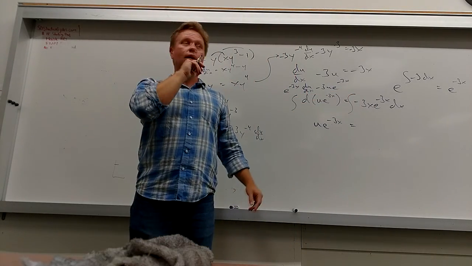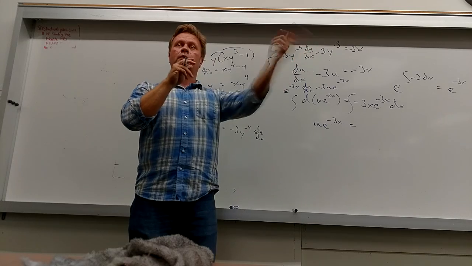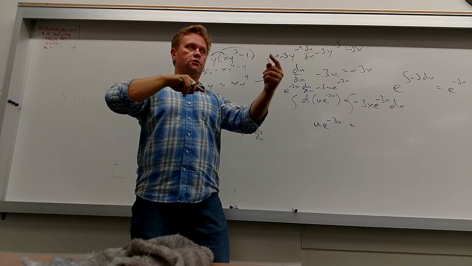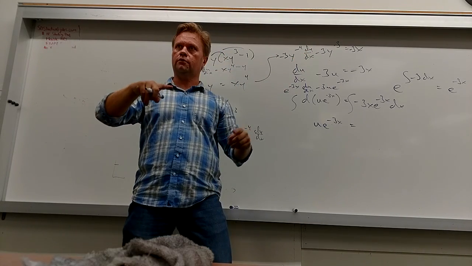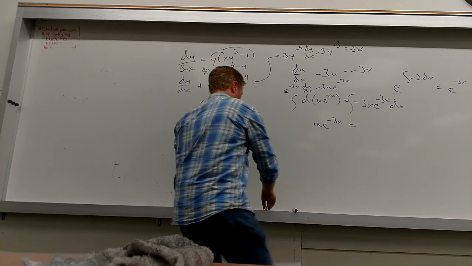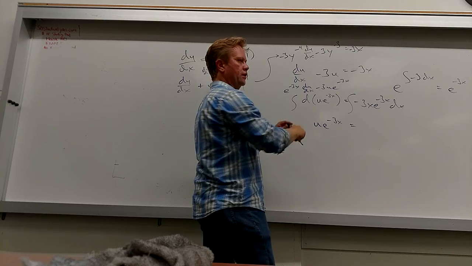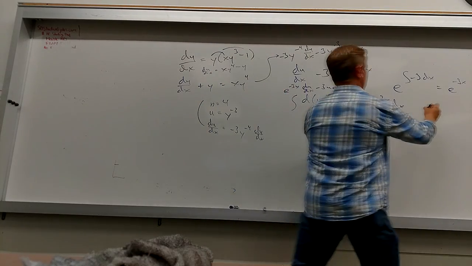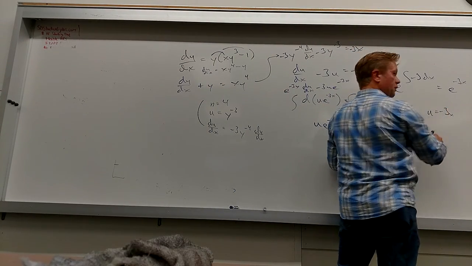Product rule. Integration. Ah, integration by parts. Integration by parts is integration's answer to a product rule looking thing, right? So when you do this by parts, what are you going to let u equal? Negative 3x. Hell yeah, the part that wants to die, let it die, right?